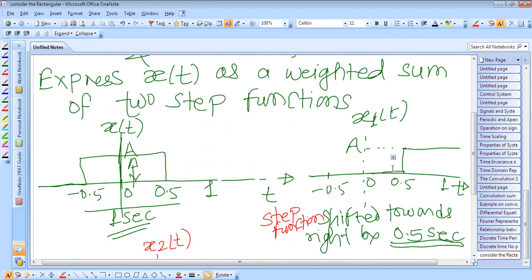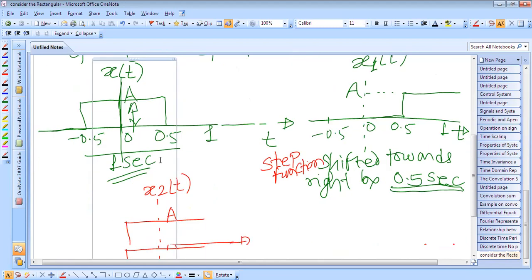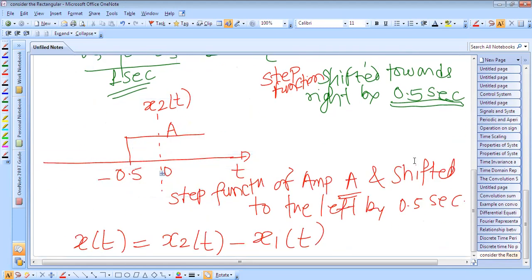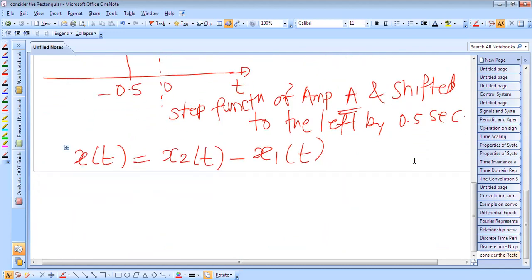This is the magnitude A for t greater than 0 but less than 0.5.